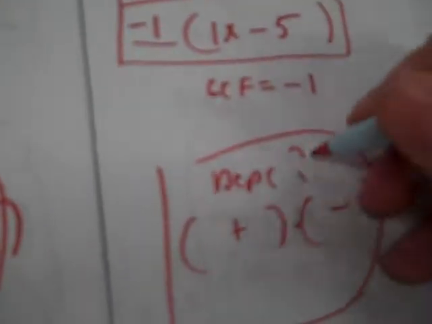Minus is there, but without the second power, it can't be a DOPS. So I am actually going to go through and rewrite this. Negative 1 times the parentheses of 1x minus 5. Also, when I say quantity, that means parentheses. Negative 1 times quantity, 1x minus 5.